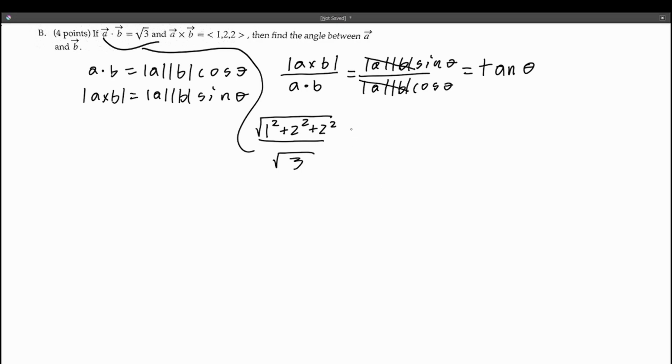That gives us the square root of 9, which is 3, over the square root of 3, which is equal to root 3. And that's equal to tangent of theta. So to solve for theta, we just take the arctangent of both sides, which gets rid of the tangent here, and then arctangent of root 3 is equal to, according to my calculator, 60 degrees. Or if you want it in radians, you can multiply it by pi over 180, which gives you pi over 3.